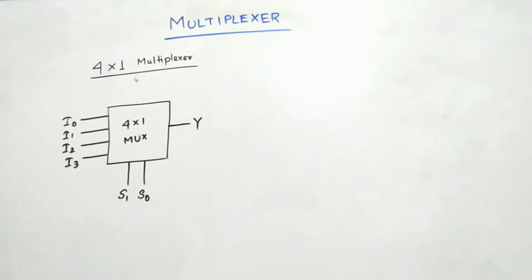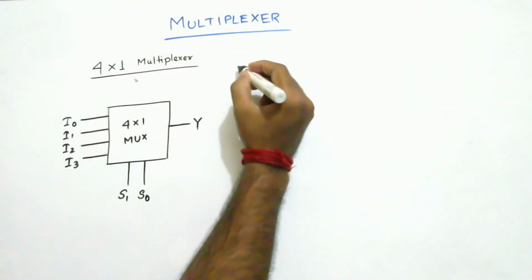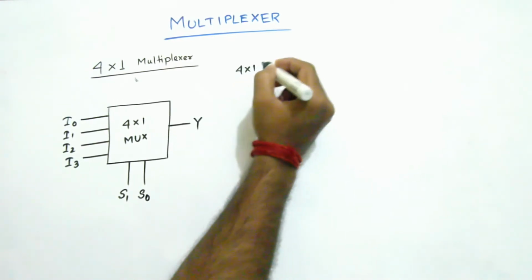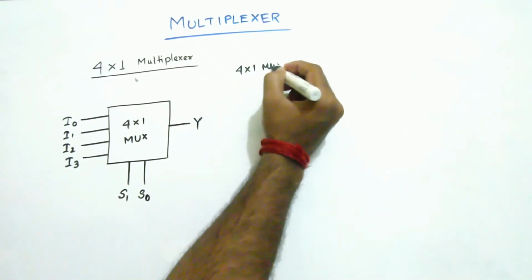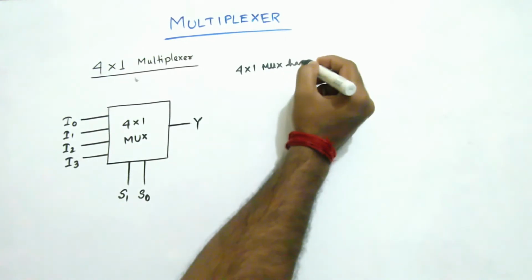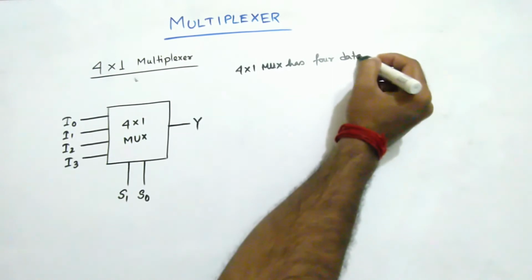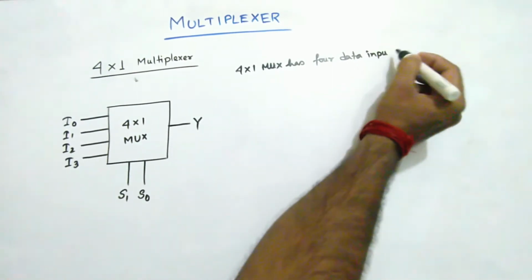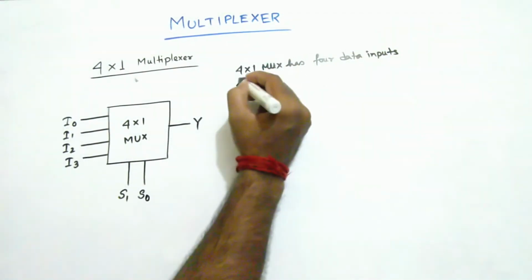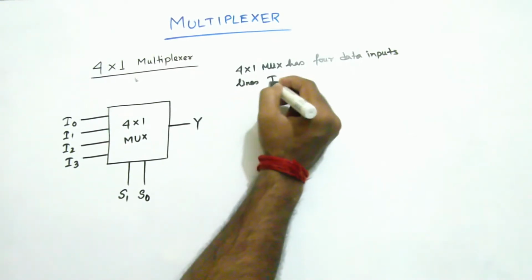Multiplexer can be of different types like 4 cross 1 multiplexer, 8 cross 1 multiplexer, 16 cross 1 multiplexer and so on. So here we are talking about 4 cross 1 multiplexer. 4 cross 1 mux has 4 data input lines, namely I3, I2, I1 and I0.